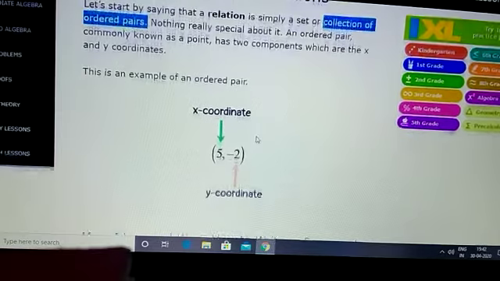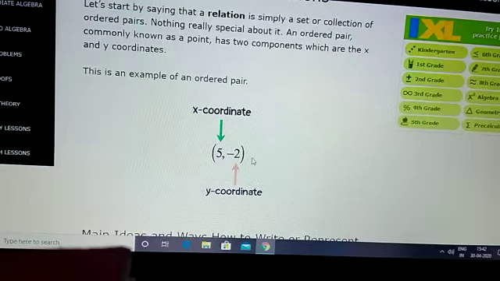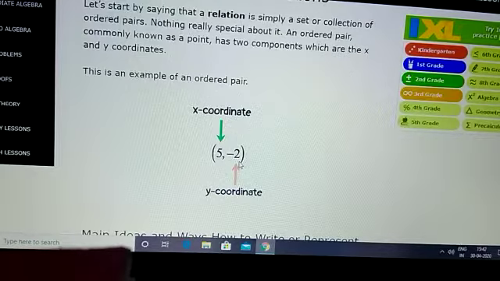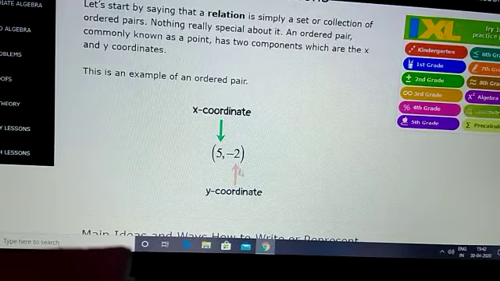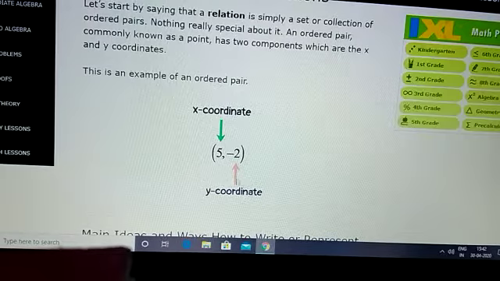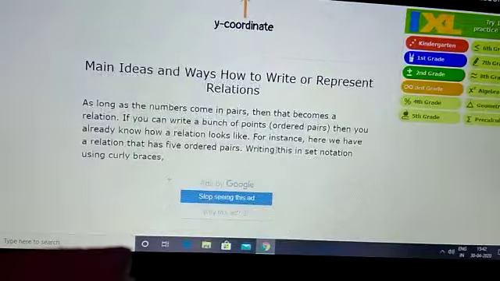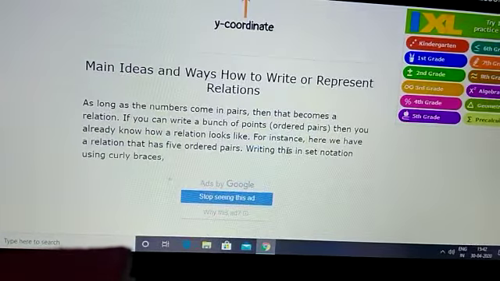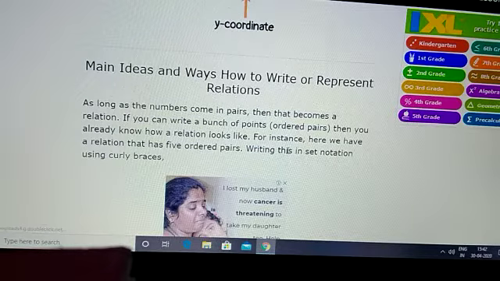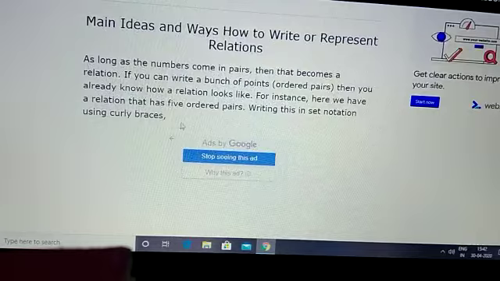Like we have given an example here in mathematical terms: (5, -2). Here 5 is the x coordinate and -2 is the y coordinate. So this is a relation. Now let's understand how we represent it. Suppose we have so many pairs, you can write them in curly brackets.